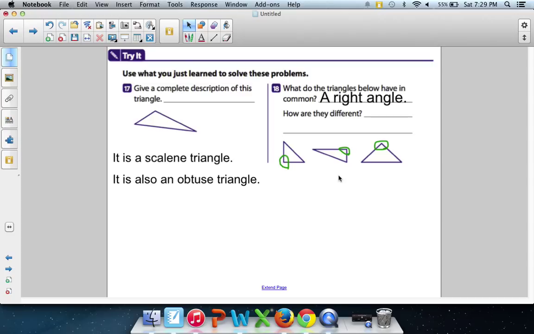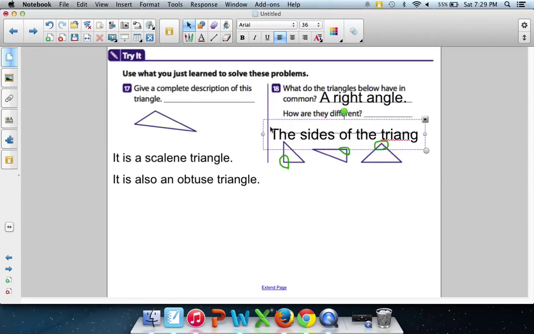They have different length sides. You know, this one's isosceles, this one's scalene, and this one, I'm not so sure, it's equilateral. It might be isosceles also. But the sides are different is the main point. The sides of the triangles are different.